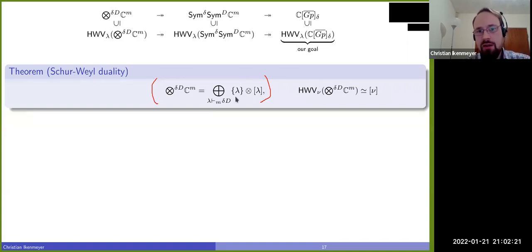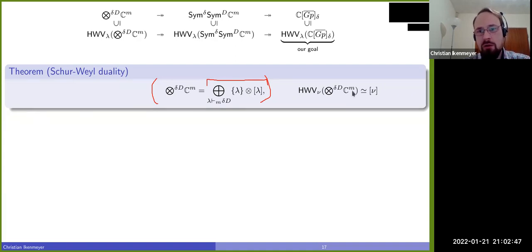And now if you have this theorem and you go to the highest weight vector space with respect to any nu, this means I have to take this and go to the highest weight vector space of weight nu. Well, this kills off all summands here that are not lambda, and I only keep lambda.